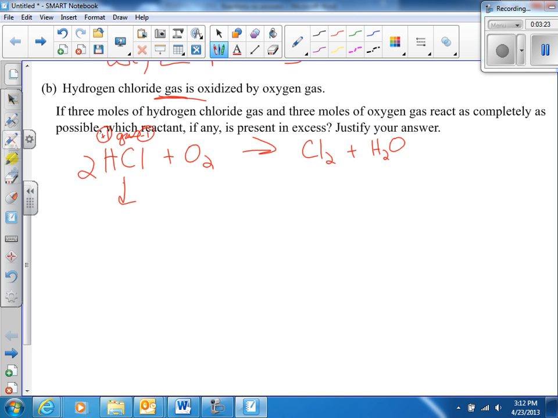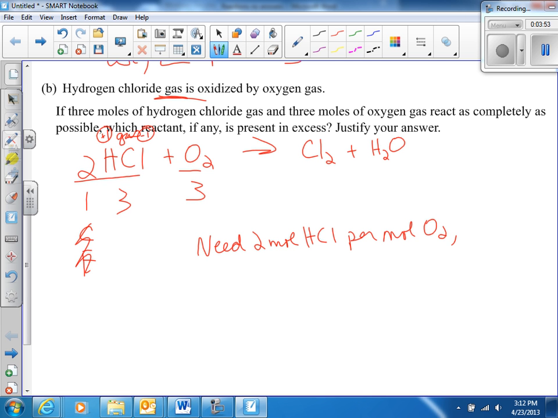Okay. 3 moles of hydrogen chloride gas. 3 moles of oxygen react completely. Just think of this as your ICF. Okay, well, you don't even need to do an ICF. You see that you need 2 HCl's for 1 O2. Need 2 moles HCl per mole O2.